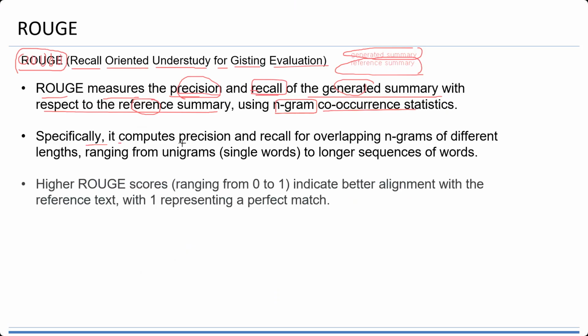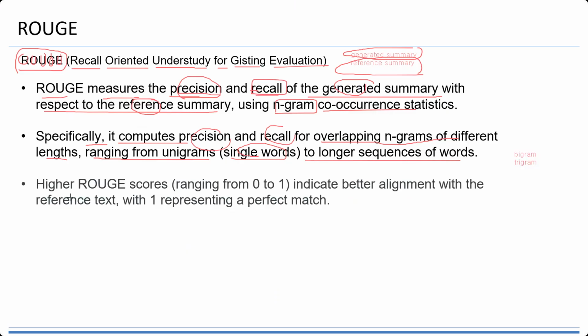Specifically, it computes the precision and recall for overlapping n-grams of different lengths, ranging from unigrams, for example single words, to longer sequences of words. So a unigram is just one word. You can have a bigram. In the mid exam, you have bigram. You can have trigram, and so on.